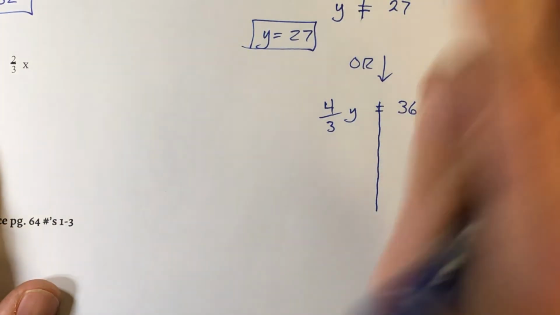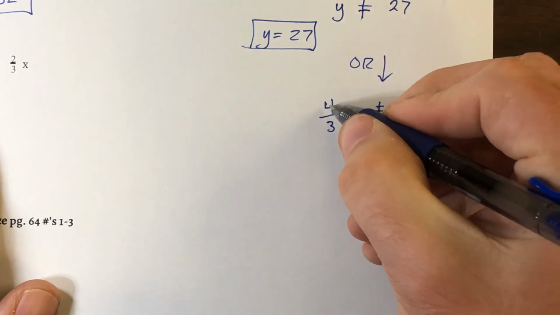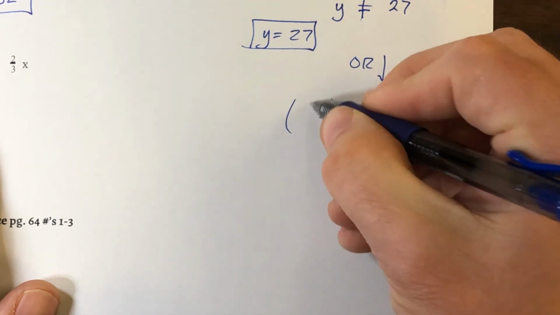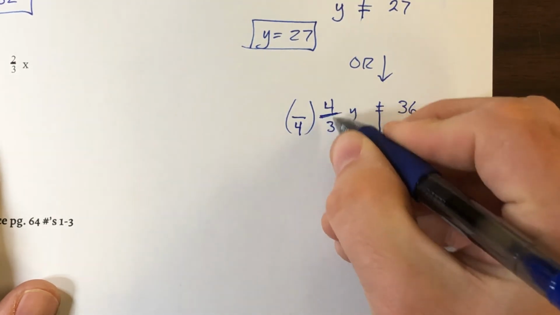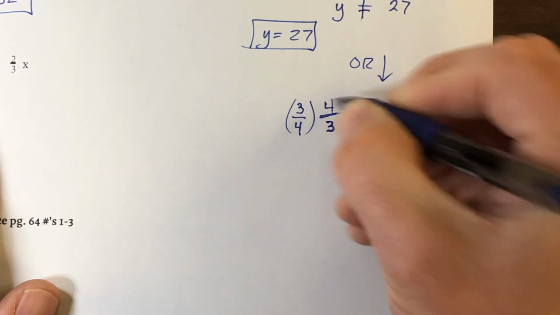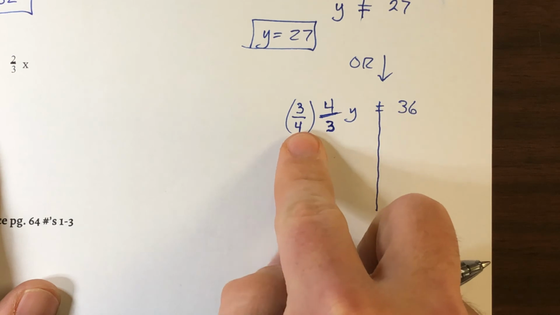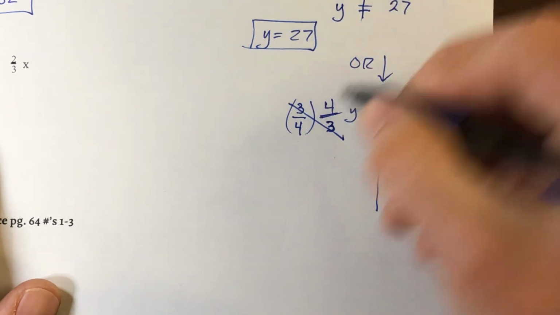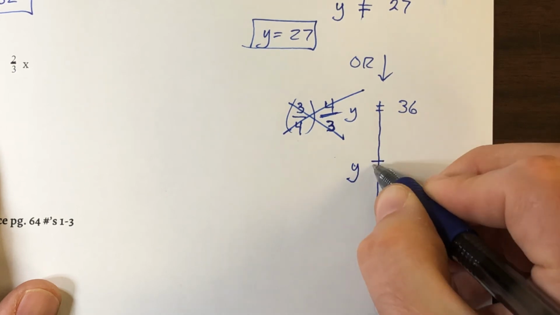So what does that look like? Looks like this. I want to get rid of 4/3. Again, the opposite of multiplying by 4 is dividing by 4. The opposite of dividing by 3 is multiplying by 3. So if I take that fraction and multiply by the reciprocal, guess what happens? Cancel, cancel, leaving me with y.